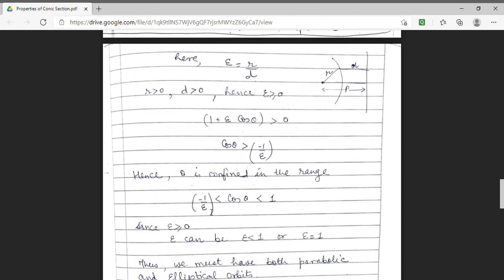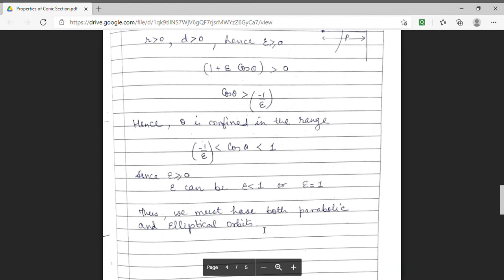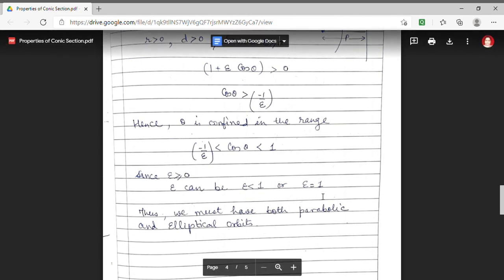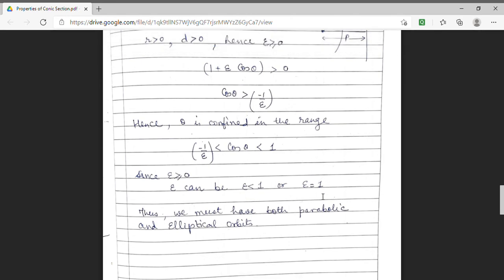So, what are these two conditions? We have already derived that epsilon equal to 1 is the condition for a parabolic orbit and epsilon less than 1 is the condition for an elliptical orbit. Hence, when we have attractive force, we can have both parabolic and elliptical orbits.